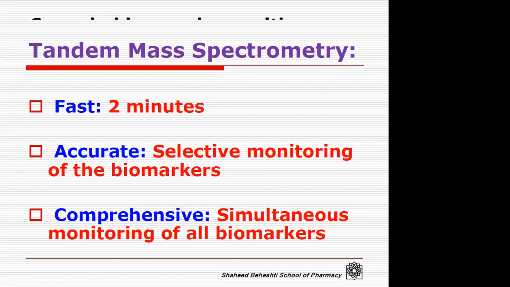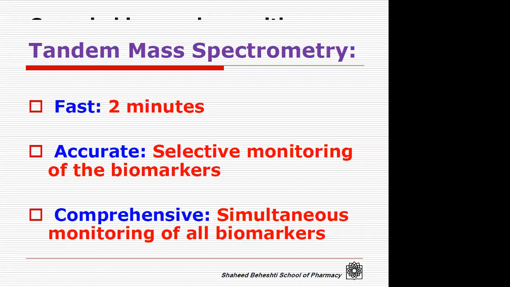And yes, mass spectrometry is comprehensive. I'll explain it later in my slides, but one of the very strong capabilities of mass spectrometry is the ability to simultaneously monitor and measure all the biomarkers together and separate them from each other without them being mixed up.